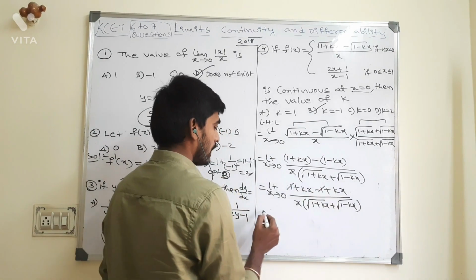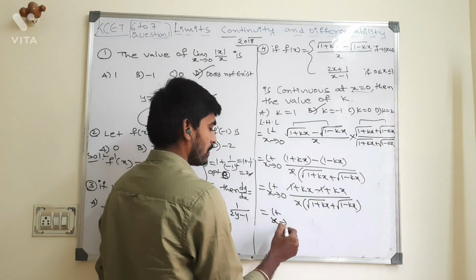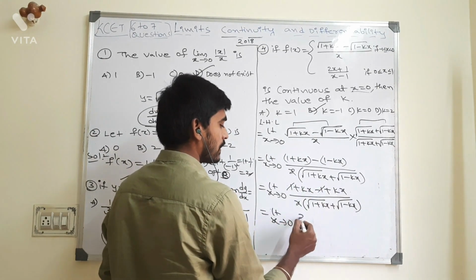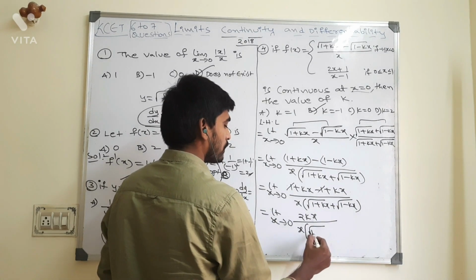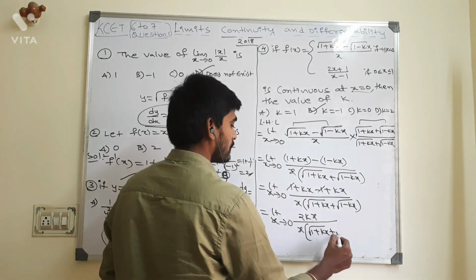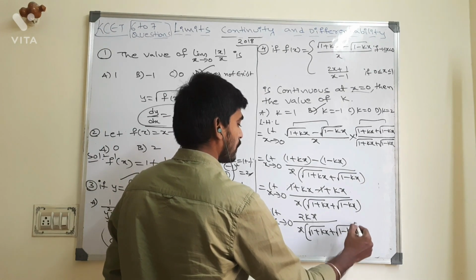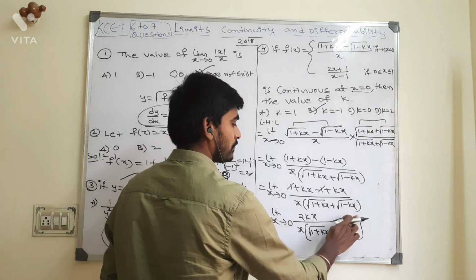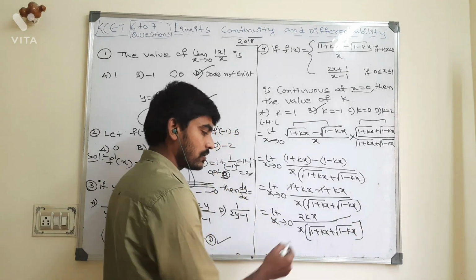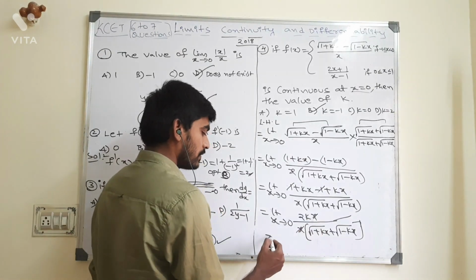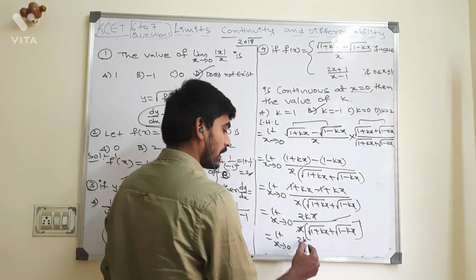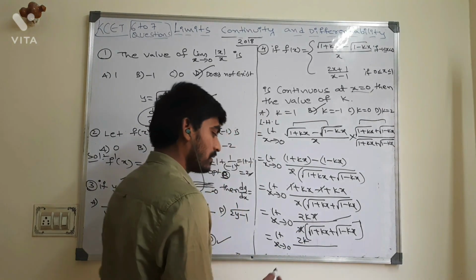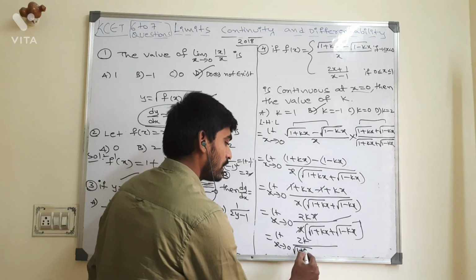Limit x tends to 0, kx is what then now? 2kx whole divided by x of root of 1 plus kx plus root of 1 minus kx, right? Tell me then how to solve this. x will get cancelled. Limit x tends to 0, 2k whole divided by square root of 1 plus kx plus square root of 1 minus kx.